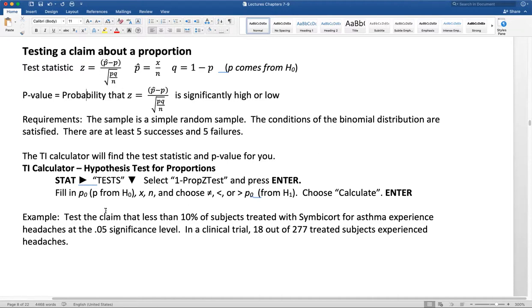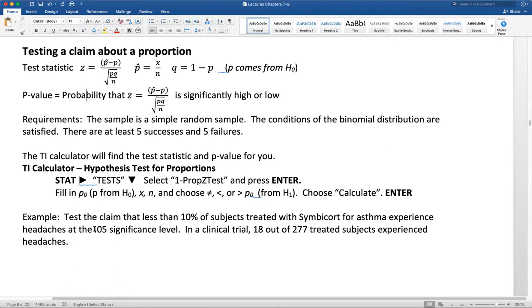Let's say we test the claim that less than 10% of subjects treated with Symbicort for asthma experience headaches, at the 0.05 significance level. From the first sentence, we can see the claim is that less than 10% of subjects, which means P is less than 0.1. That's the claim, so from there we can figure out H sub 1 and H sub 0.